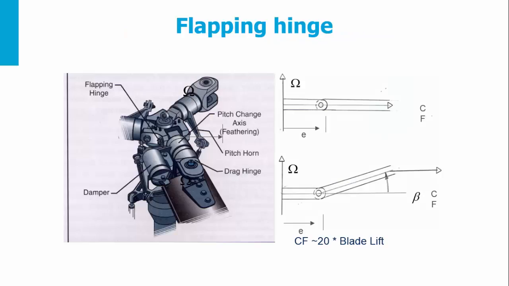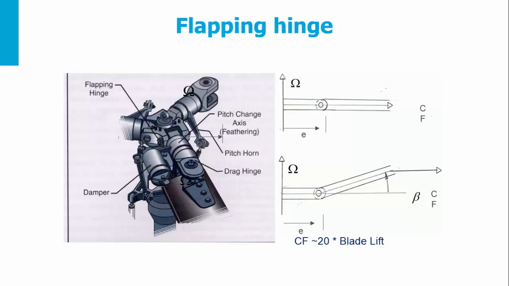You see here the rotor hub of an articulated helicopter. There you see a point where the flapping hinge is attached to the rotor. In this way, you can let the blades move up and down. You see also the pitch hinge, which allows the blade to change the angle of attack and increase the lift.